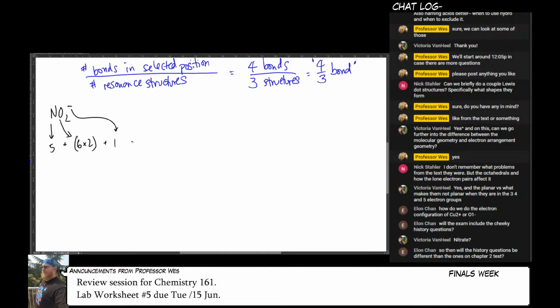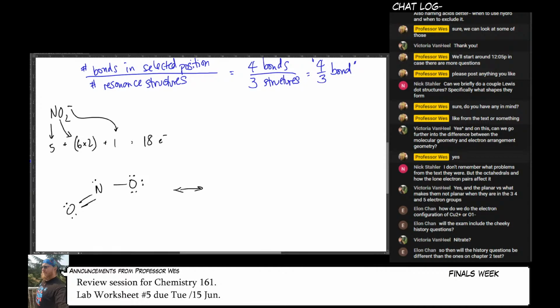Alright, so the number of electrons in nitrite here: 12, 17, 18. And if I draw my... we'll just draw it like this for now. 2, 4, 6, 8, 10, 12, 14, 16, 18. And so I do need a double bond.